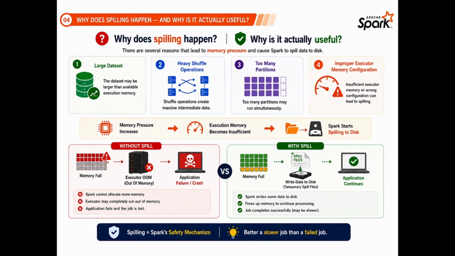And in large-scale distributed systems, that's usually the better choice. So spilling is both a symptom of memory pressure and a safety mechanism that helps Spark avoid failure. But that creates another question. If spilling helps keep jobs alive, why do engineers worry about it so much? That's exactly what we'll look at next.